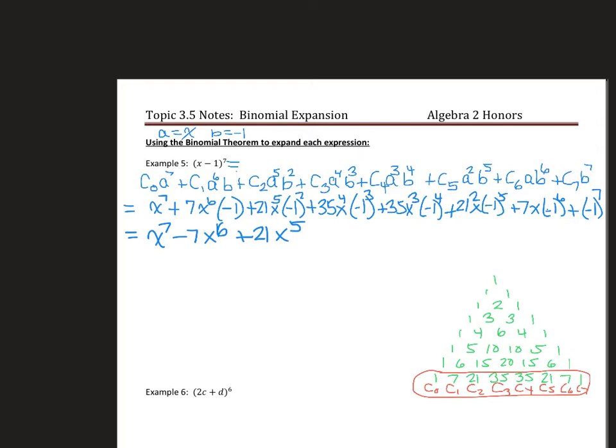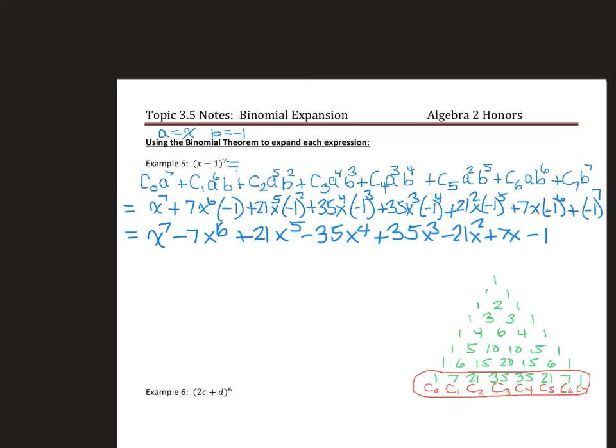And negative 1 cubed is negative, so this is going to turn the addition into subtraction. Negative 1 to a power of 4 is positive 1, so this stays addition. And so on. So the odd powers are going to change the operation from addition to subtraction, while the even powers are going to keep with addition.